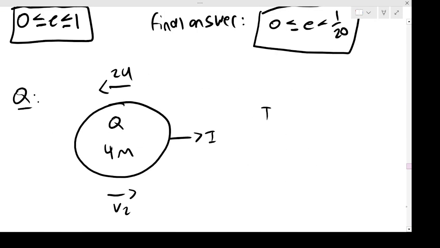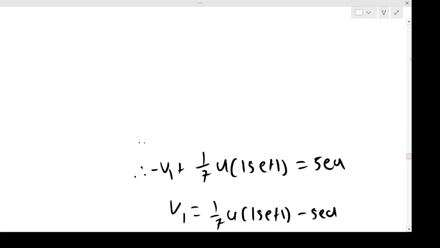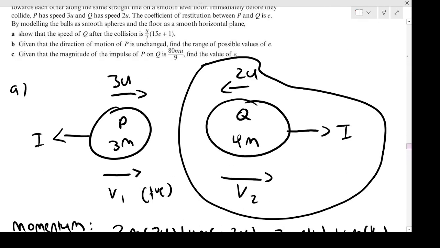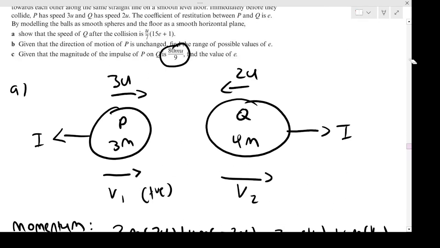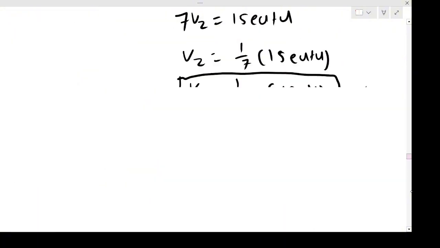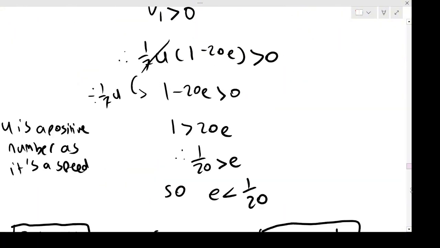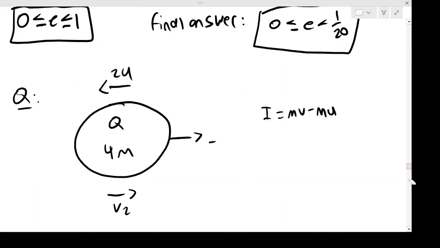So impulse I is mv take away mu. Now we know what the impulse actually is. The impulse we're told is 80 mu over 9. So we can sub that in. So 80 mu over 9, or 80 over 9 lots of mu.